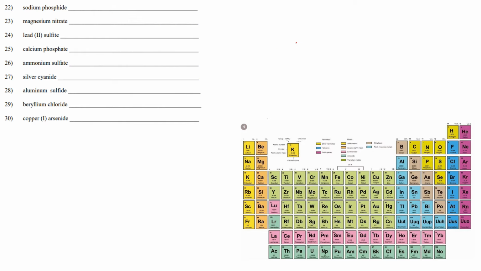The correct way of writing is just Mg(NO3)2, okay? You don't write the charges, but I'm writing the charges to show you the thought process, basically.